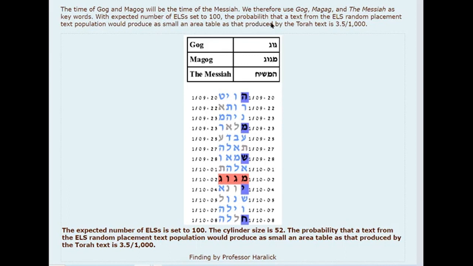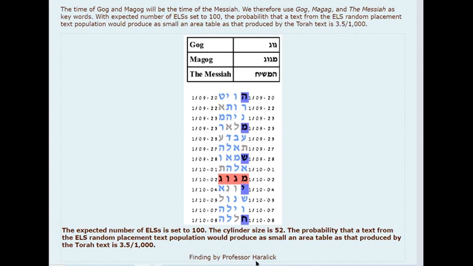The probability that a text from the ELS random placement text population would have as small an area table as that produced by the Torah text is 3.5 in 1,000. So now this is the explanation, telling you exactly.